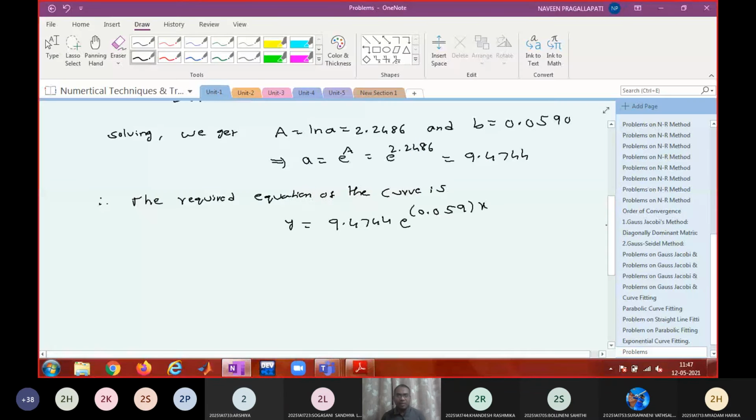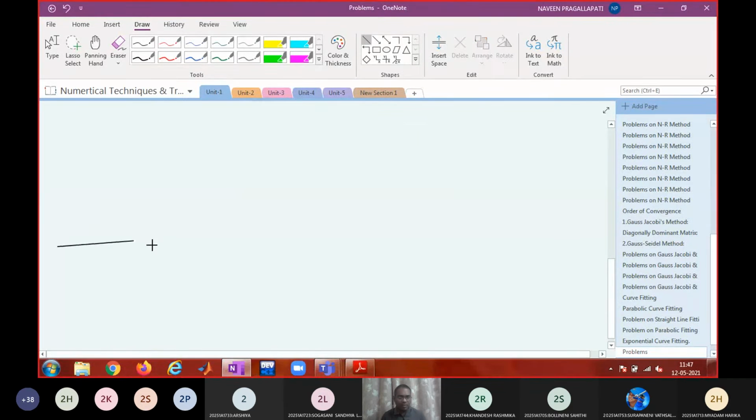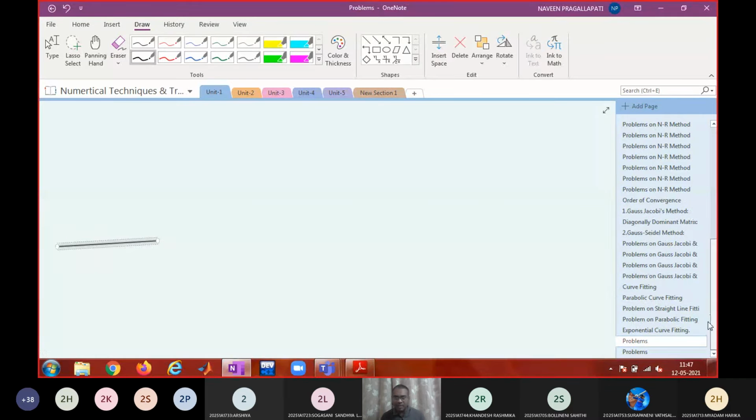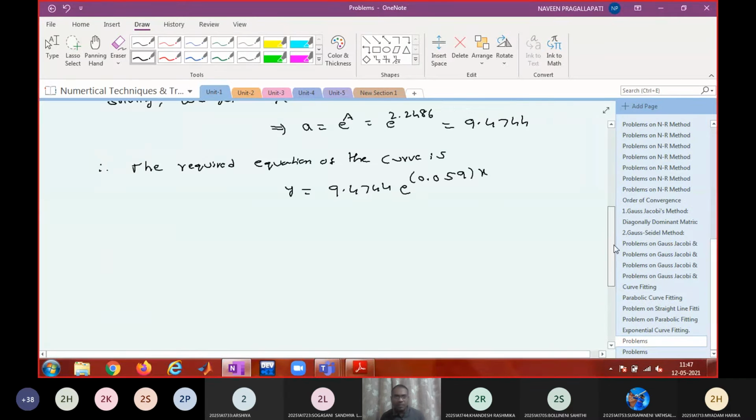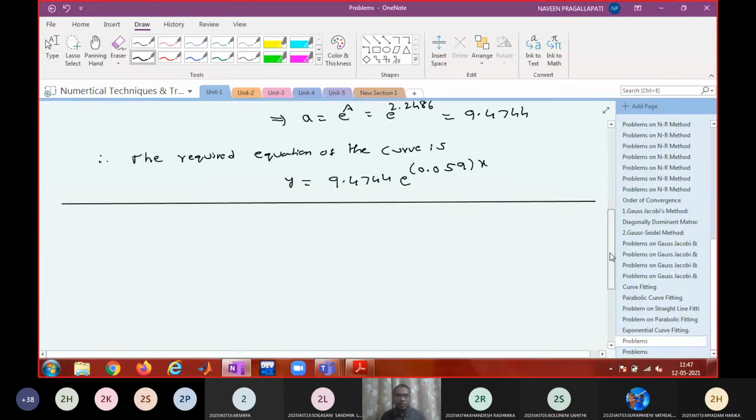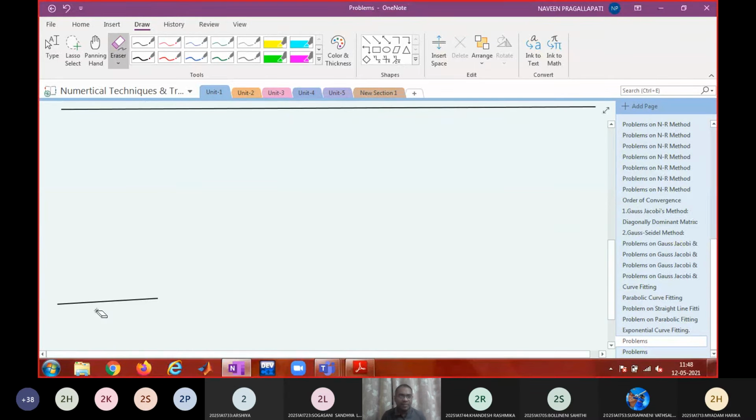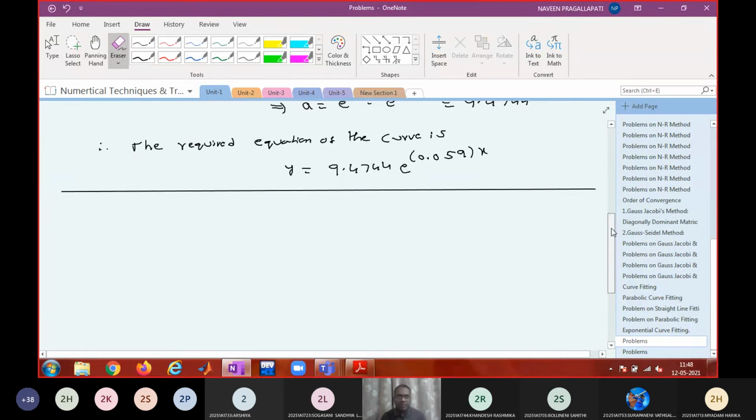I would like to mention those curves also. You can write down the normal equations easily. They may not come in exams, but it is better to note them down.